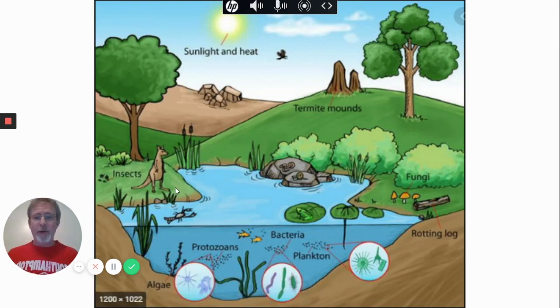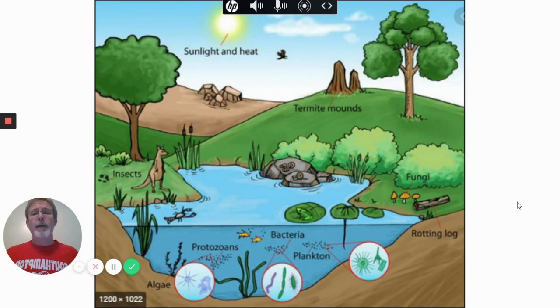Mr. Pryor is going to be teaching about this next week, so I don't want to spill the beans too much for Mr. Pryor, but I need you to think about living and non-living things and how they interact, how they have relationships. Some review words here might be producers, consumers, and decomposers. So go back to that idea of an ecosystem and how living and non-living things interact with each other.